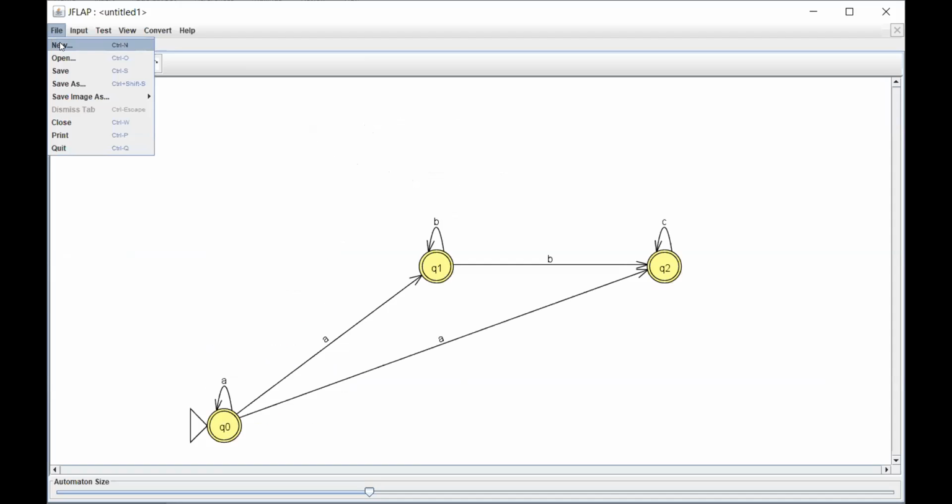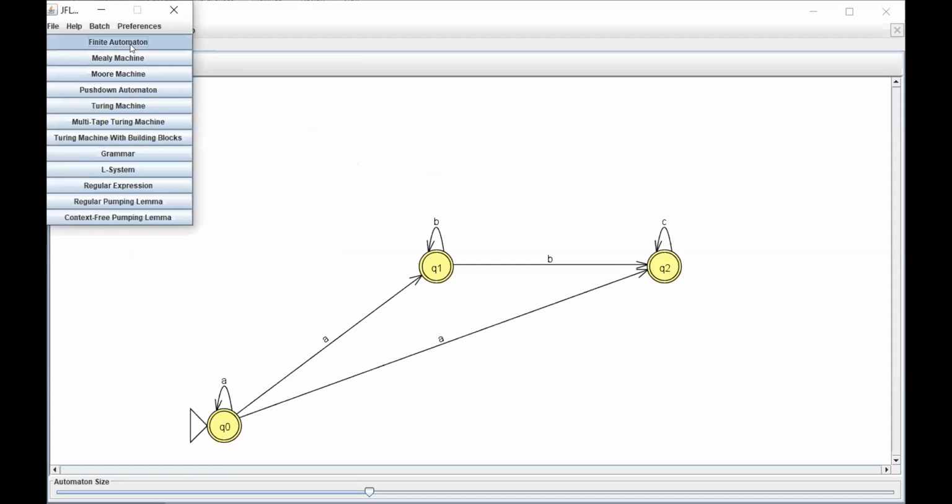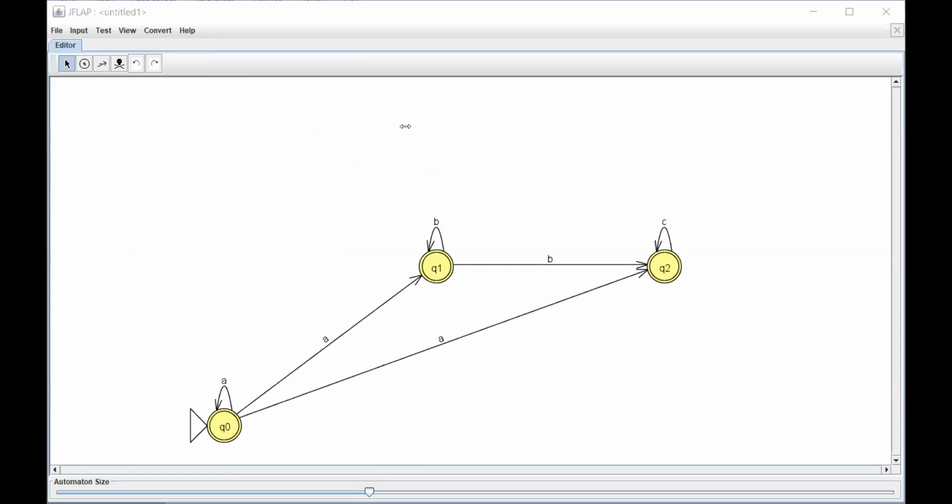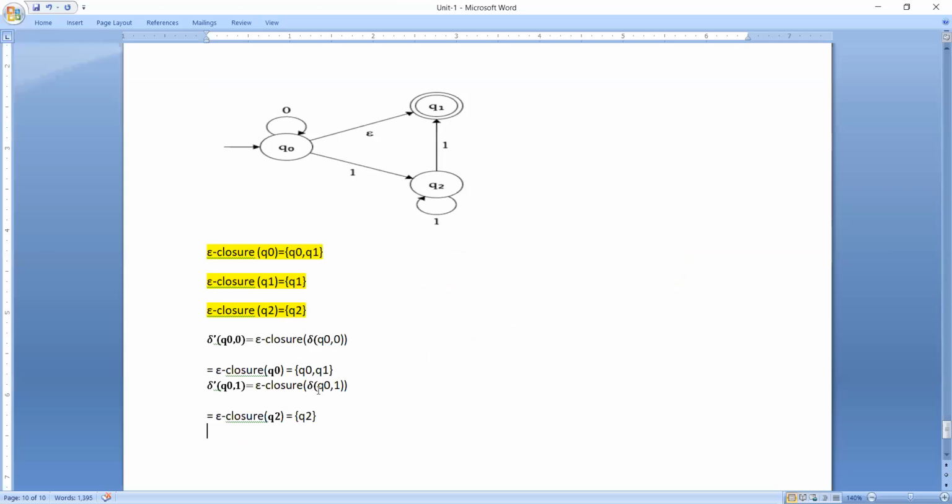Let me take a new finite automata. Parallelly we'll try to do it. Okay. So initially we got q naught, and then on q naught on 0, please observe, where have we gone?